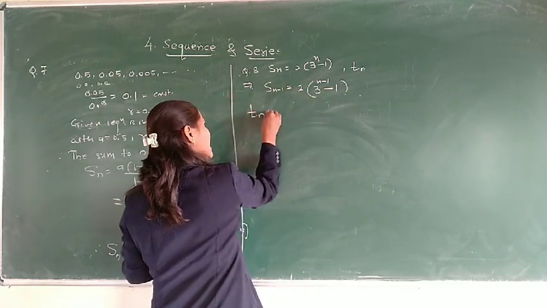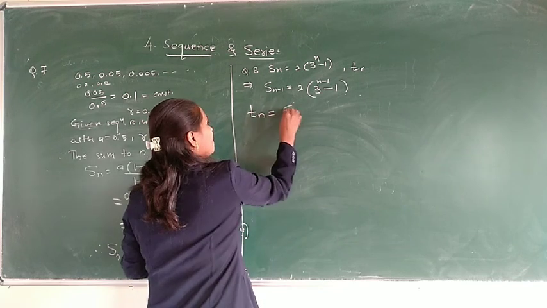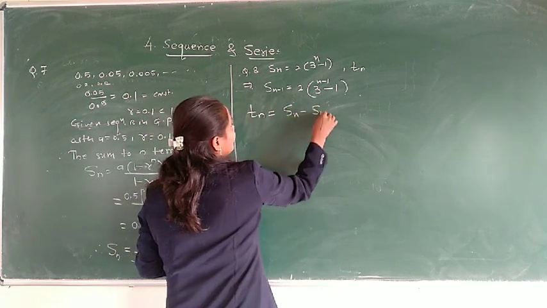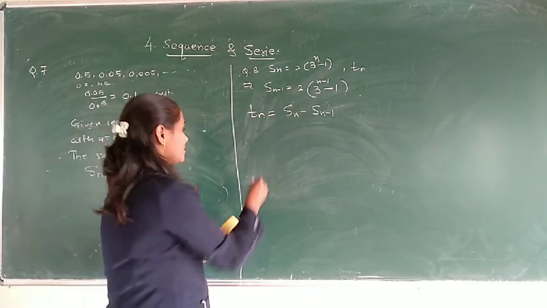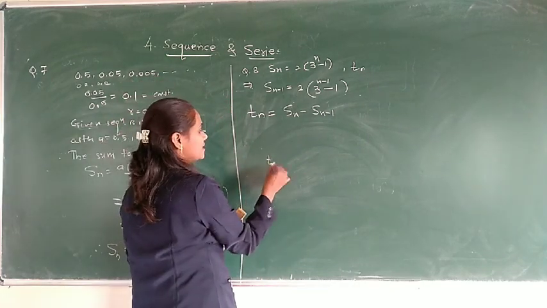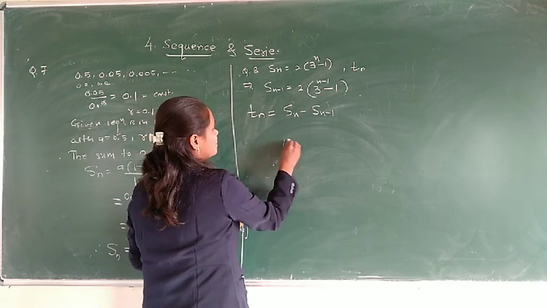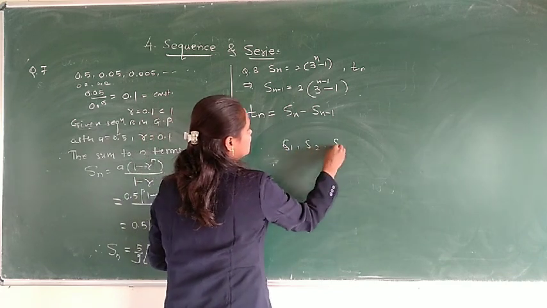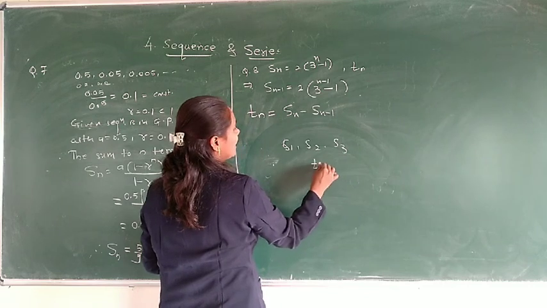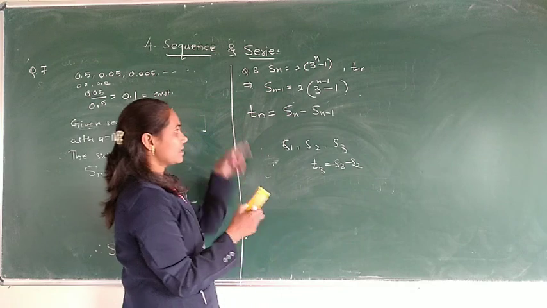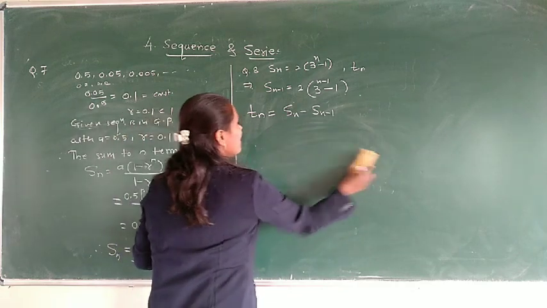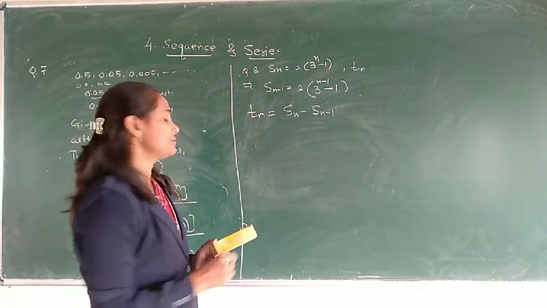For finding Tn, Tn is equal to Sn minus Sn minus 1. In general, suppose you are given sums S1, S2, S3, and you have to find T3, then we find S3 minus S2. Similarly here Tn is equal to Sn minus Sn minus 1.